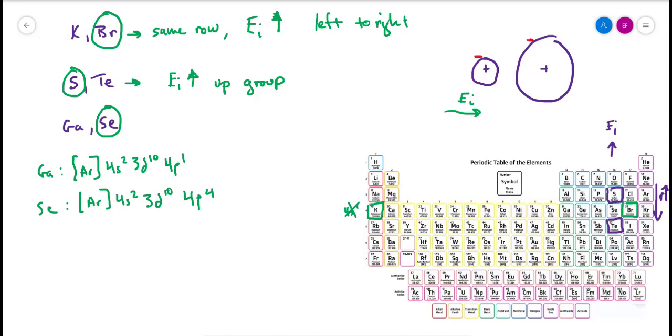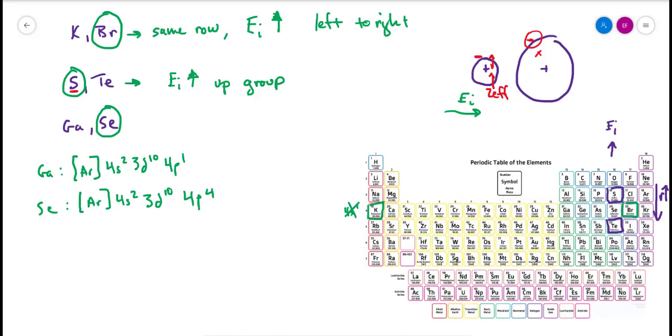And so which one of these is going to have a stronger Z effective charge? Well, this one, right, it's closer to the nucleus, meaning it's going to be held tighter here than it would be on this side. So this one's going to be easier to grab, which means the tellurium is going to have a lower ionization energy. It's easier to remove. In other words, sulfur is going to have the higher ionization energy.